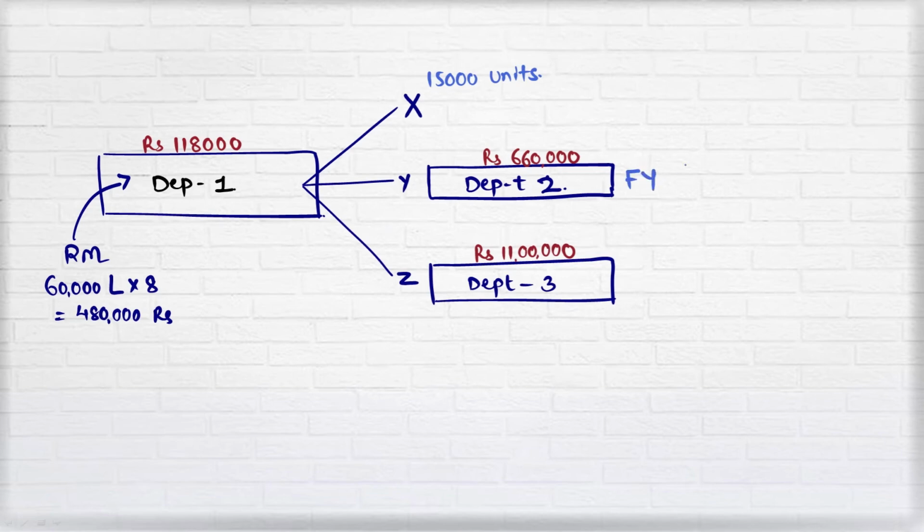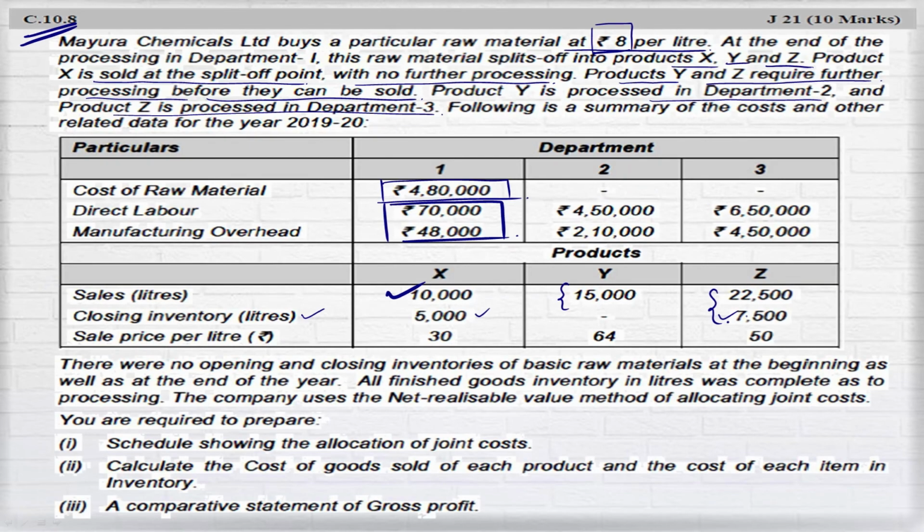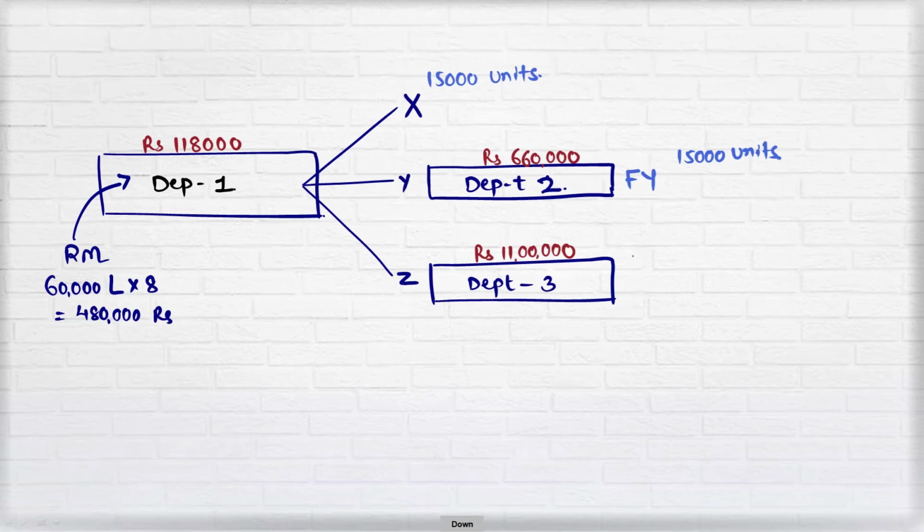Let me write down final Y, 15,000 units. And manufacturing of Z is 30,000: 22,500 plus 7,500. Final Z is 30,000 units.